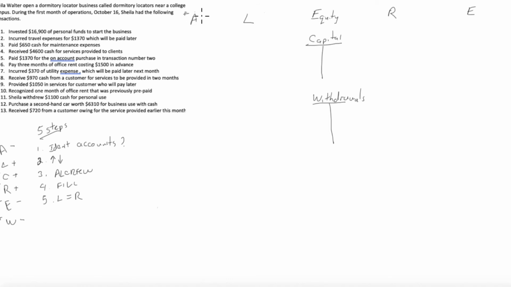It's increases, and we know this decreases. Liabilities, capital decreases. Revenue decreases. Expenses increase on the left, and withdrawal increases on the left. So now we know that. So we know this is decrease, increase, increase, increase, decrease, and decrease. Perfect.